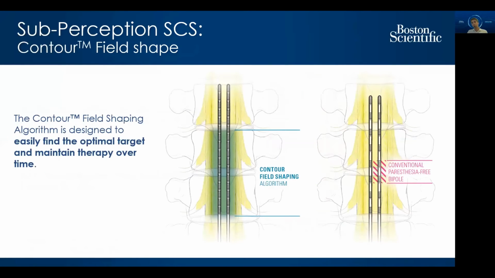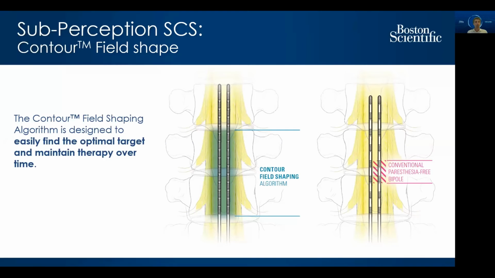So our new Contour algorithm generates a large and broad field shape that is creating a kind of blanket of stimulation over the spine. And here, the current is precisely adjusted on every contact to generate such a field shape.